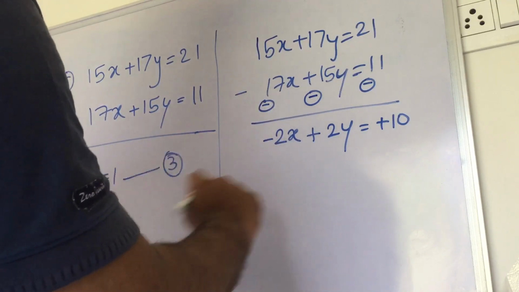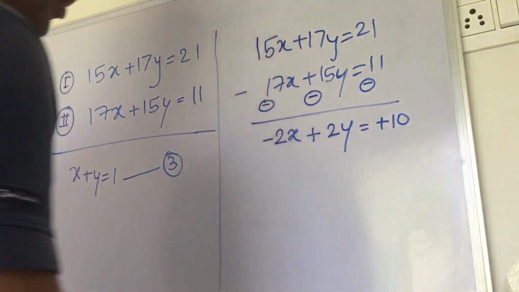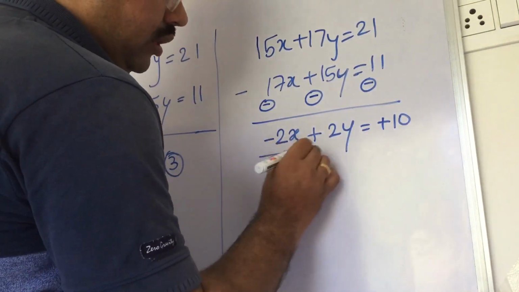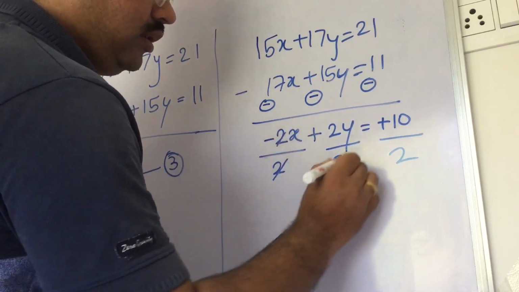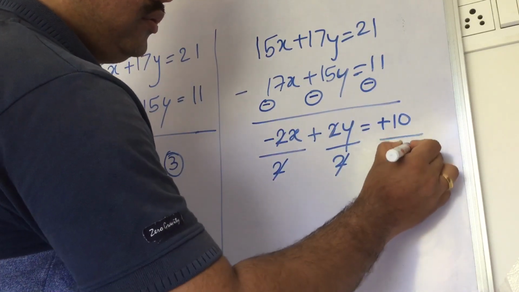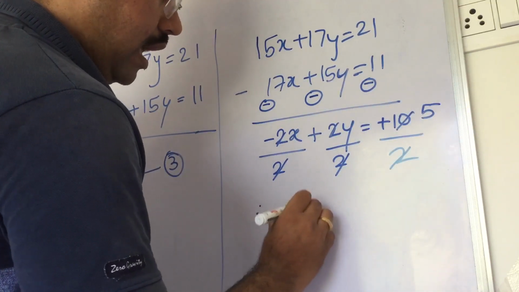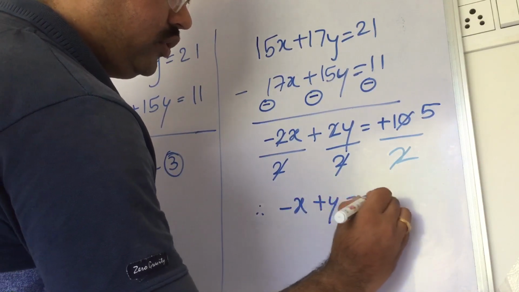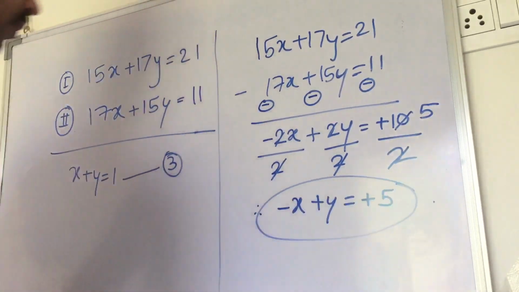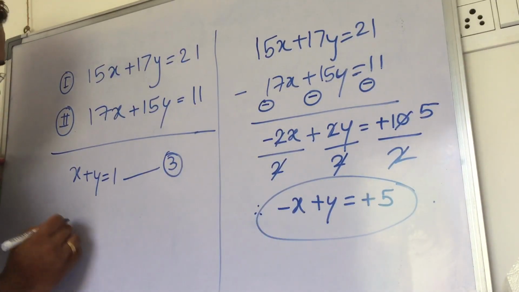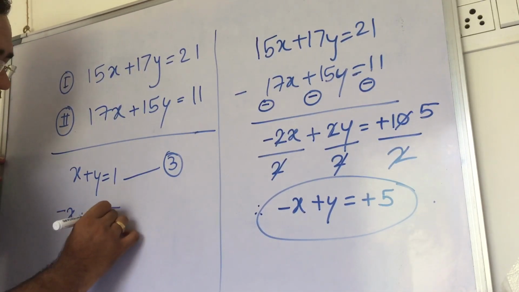If you divide this whole equation by 2, 2 cancels, 2 cancels, 2 fives are 10, therefore minus x plus y equals plus 5. This is your equation number 4. Another simpler equation we have got here, which I am writing here.